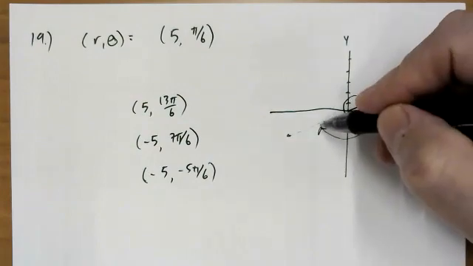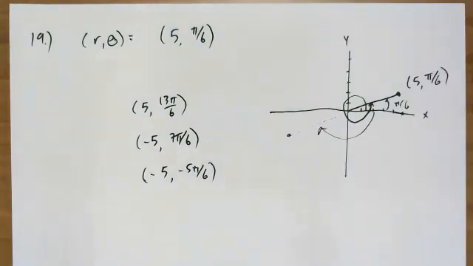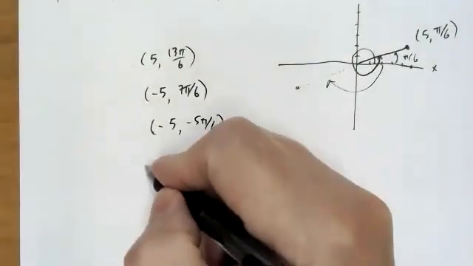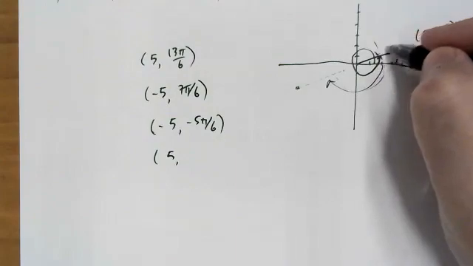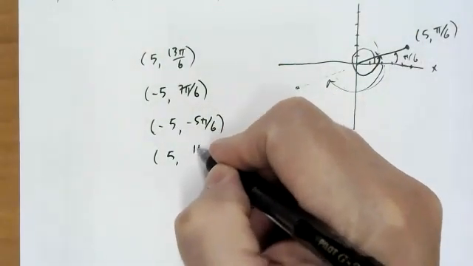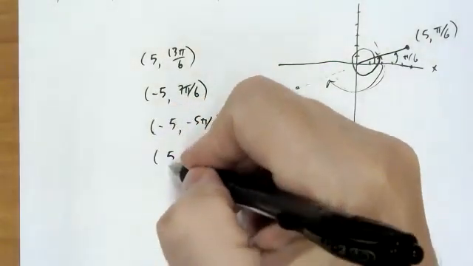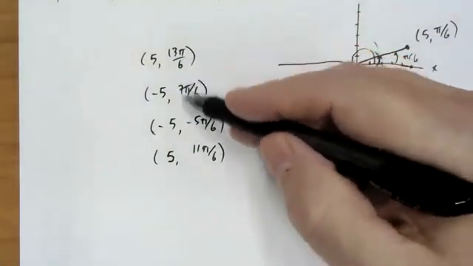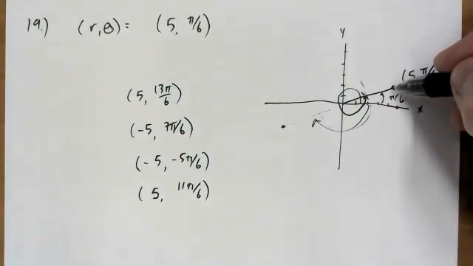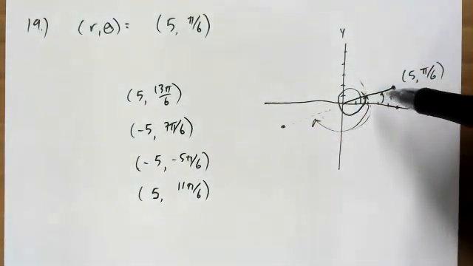So -5 pi over 6, and 5 is right here, but -5 bumps it to here. And then just for fun, I could go a +5 and then go all the way over here, which I think that angle would be 11 pi over 6. So there's all kinds of possibilities, all kinds of different polar coordinates that actually end up being the same point. So these 5 are actually all the same.